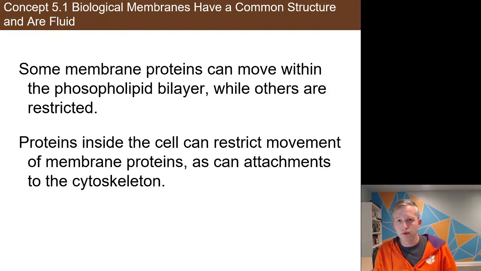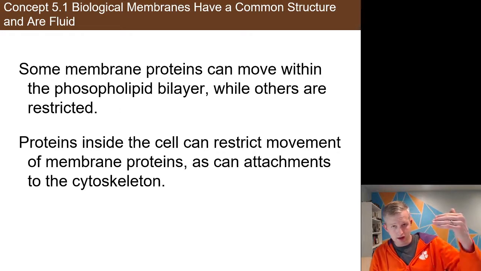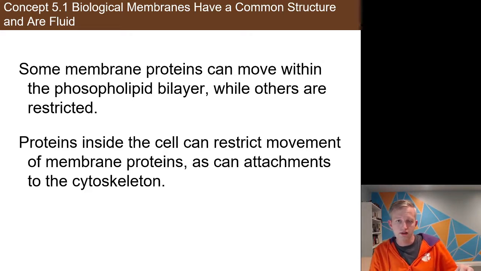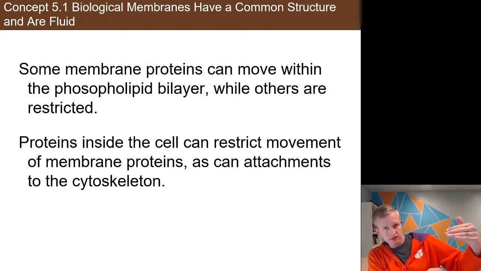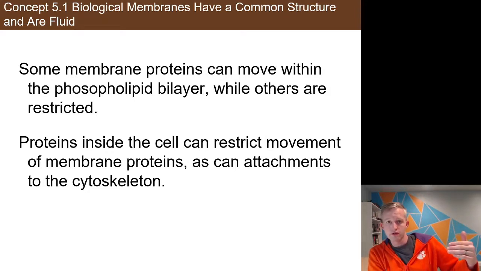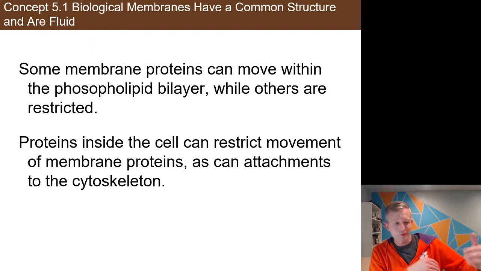A good example would be epithelial cells inside of our intestines, which very specifically have an apical side that is pointed towards the inside, the lumen of the intestine, and then they have the basolateral side, the other side, that's pointed towards your capillaries and so on. Well, those are going to be two very different sides of that cell, and there are going to be very different proteins.